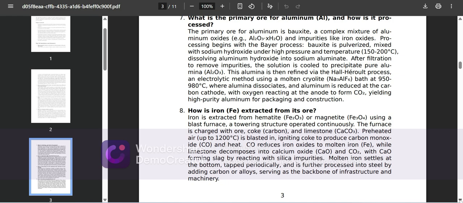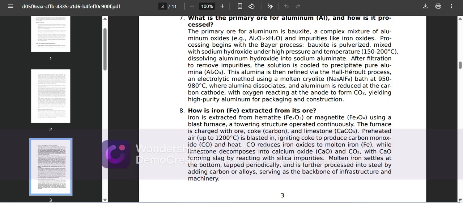What is the primary ore for aluminum and how is it processed? The primary ore for aluminum is bauxite, a complex mixture of aluminum oxide, Al2O3·xH2O, and impurities like iron oxide. Processing begins with the Bayer process.